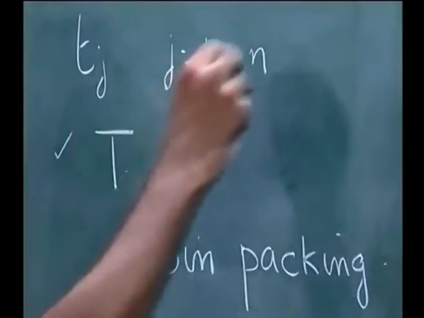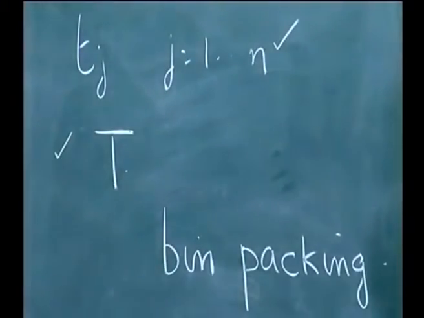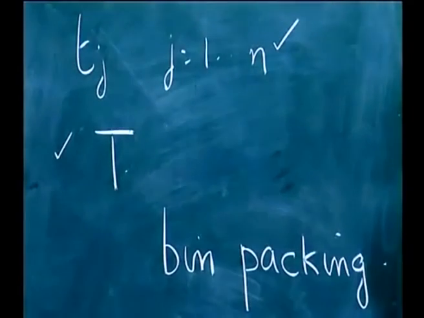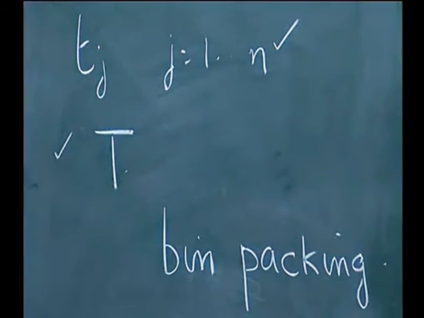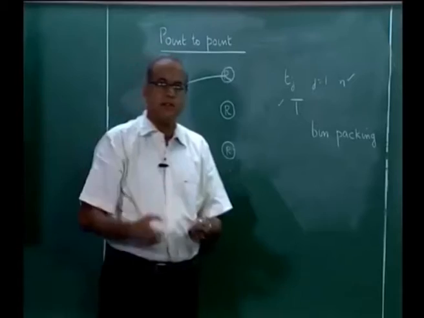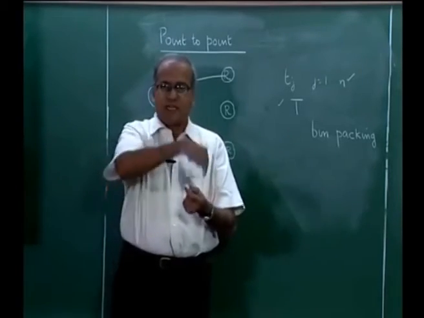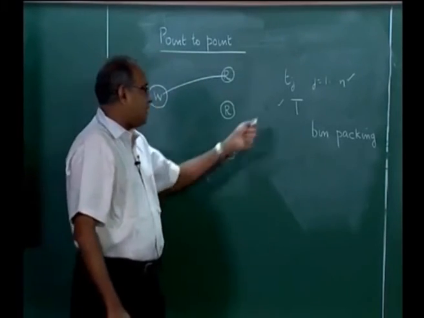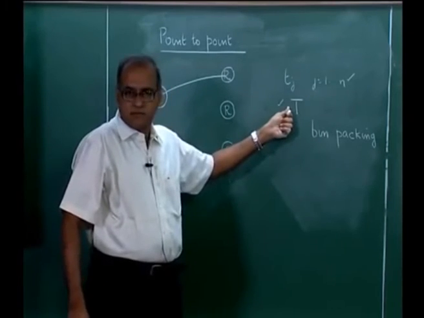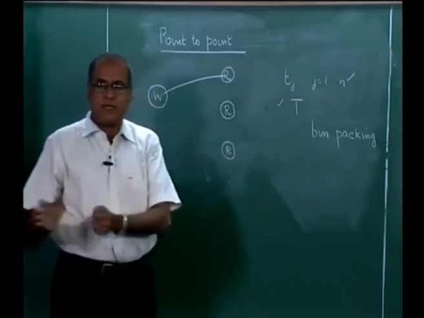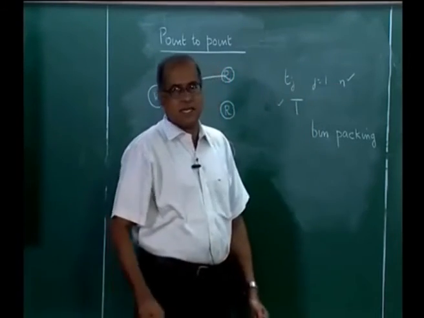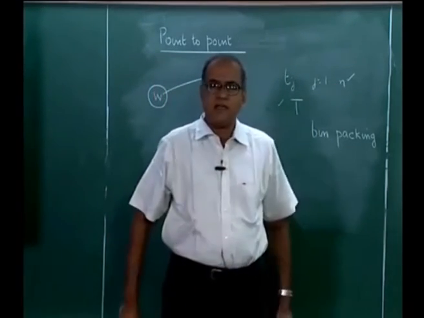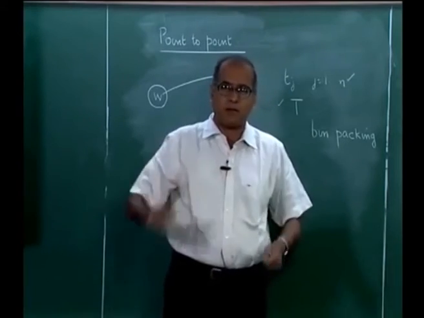I have n items, and the jth item has a height tj. So, I have to put these items one above the other, it is a one dimensional bin, such that I do not exhaust the height of the bin. How many bins do I need so that I can pack all these n items, where the jth item has height tj, is the one dimensional bin packing problem.